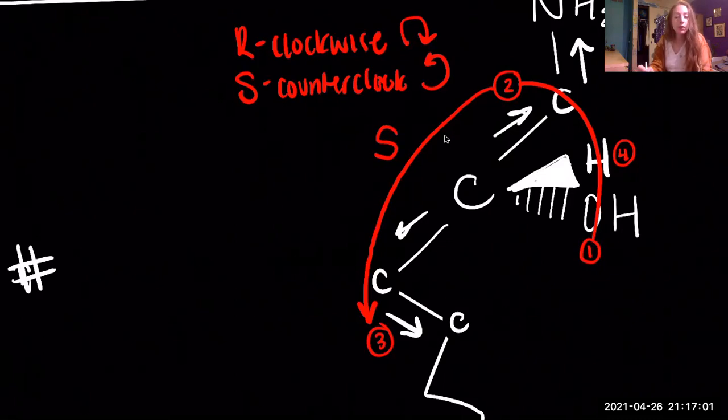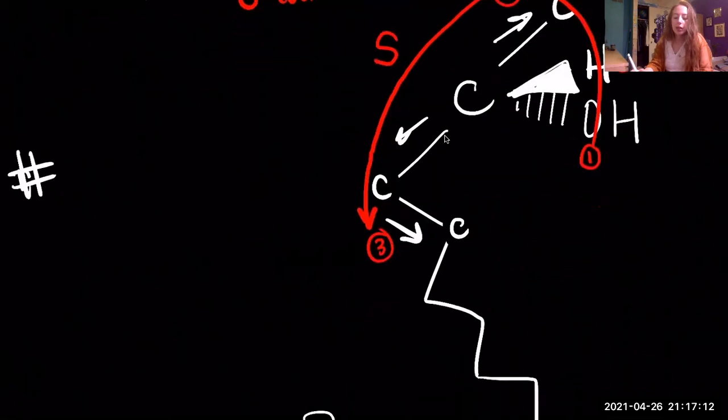However, remember when I told you that hydrogen is not in the right place? So only one small task needs to be done to fix this: just turn this S into an R, and R becomes your final answer. That is only when the lowest priority group is not in the place that it belongs, which is the back.